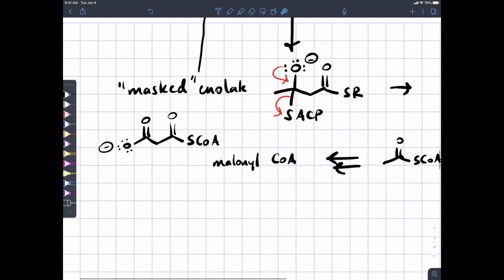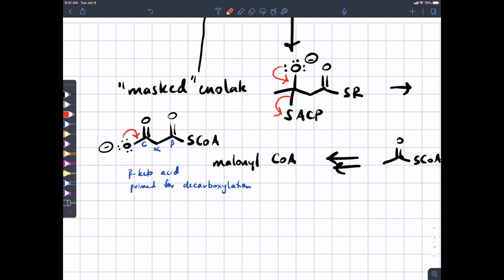But notice malonyl-CoA has the pattern of being a beta keto acid, which means it's primed for decarboxylation. And what happens when we decarboxylate a beta keto acid?